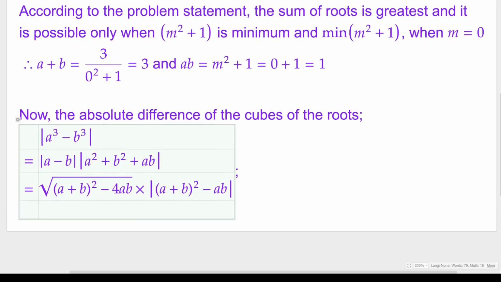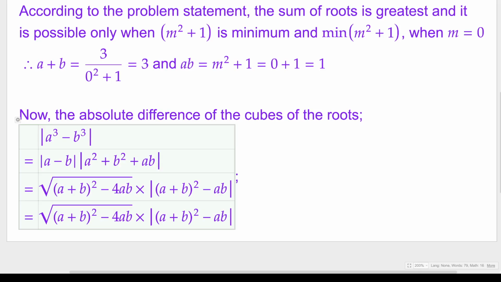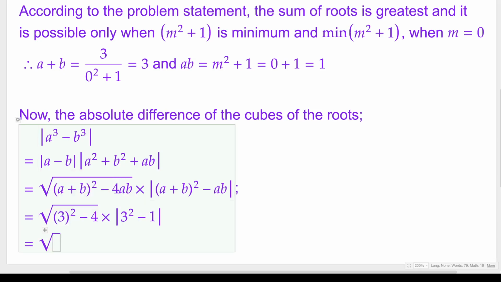So now let us make the appropriate substitutions, right? Here, a + b is given as 3, so this is 3 squared, and ab is given 1, so 9 − 4, that is the square root of 5, and here this will be 3 squared, that is 9, and ab is 1. So finally we can observe this can be written as √5 times (9 − 1), that is 8, so 8√5.